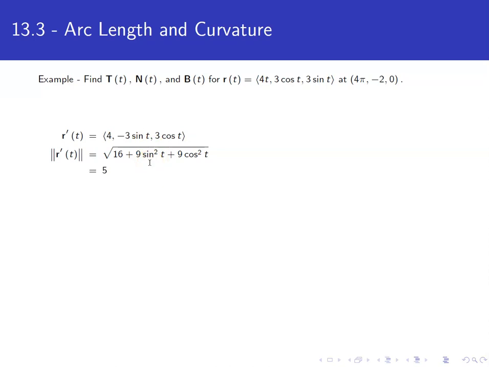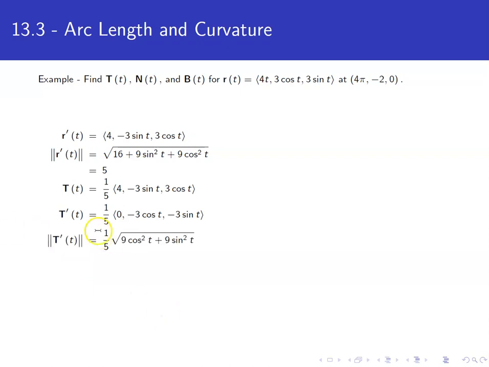That simplifies to 5, because sine squared plus cosine squared equals 1. Since the magnitude is 5, we find the unit tangent vector by just dividing our derivative by 5. We can now find the derivative of the unit tangent vector. Take its magnitude. We'll get 3/5 in that case.